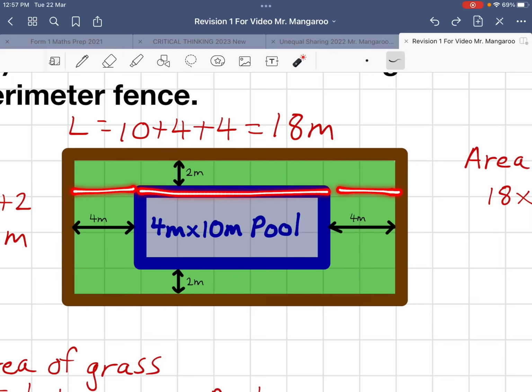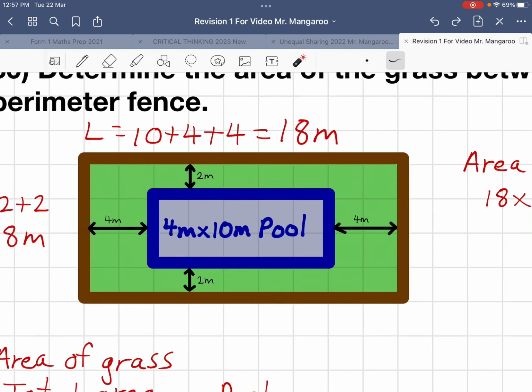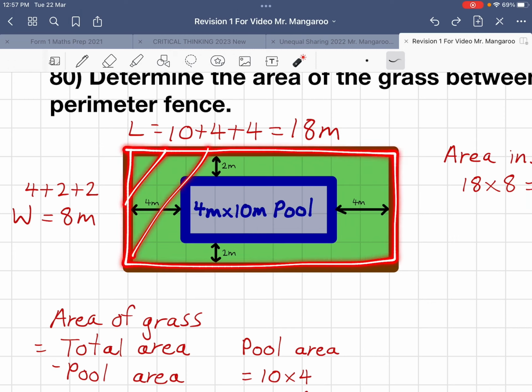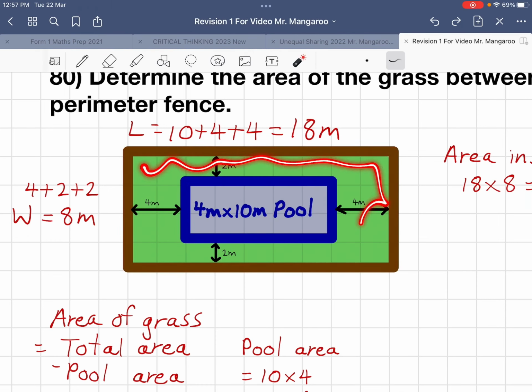So that's 10 plus 4 plus 4 is 18. And for the width, we have it as 4. So 4 plus 2 plus 2, that's 8. So this is 18 by 8. So we could multiply that to get the entire area. And then we can subtract the area of the pool to get the remaining grass area.